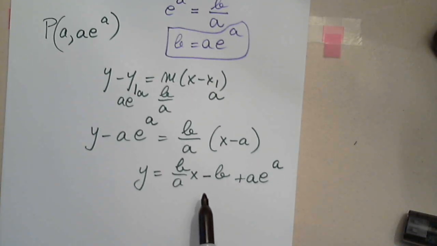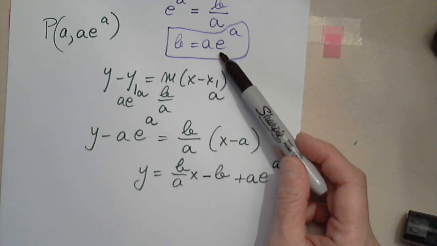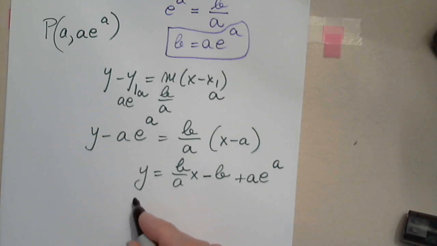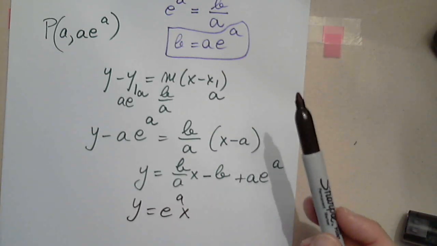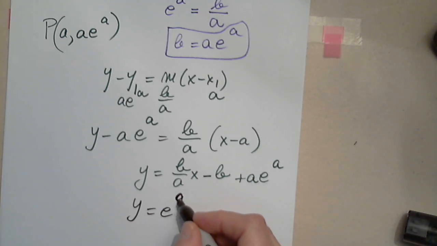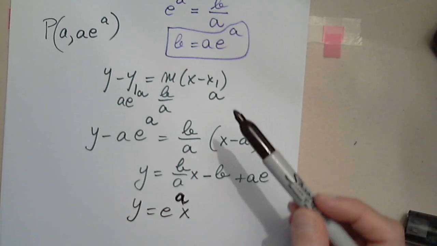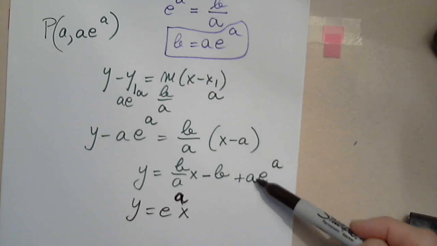So if we do that, let's see what happens. Replacing b by a e to the a will give us y equals e raised to a times x, and the b terms will go away. So negative b plus a e to the a, these will be 0.